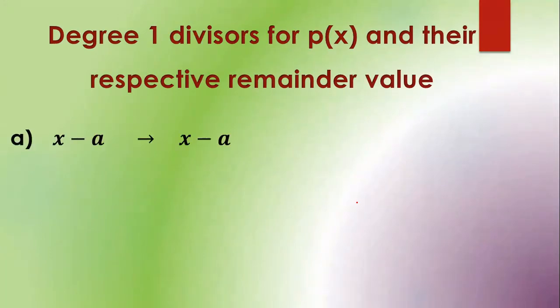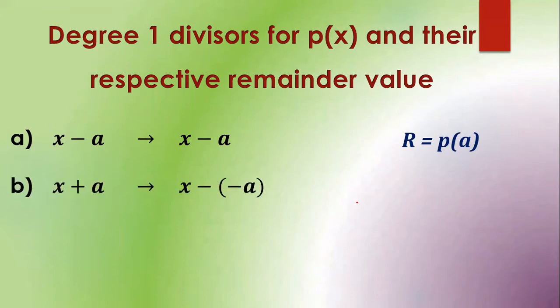As we have discussed earlier, if we have the divisor x minus a, then as x minus a is itself the standard divisor form, the value of the remainder would be r equals p(a). Now let's talk about the second form. The second form of the divisor of degree 1 is x plus a, where a is any constant term.